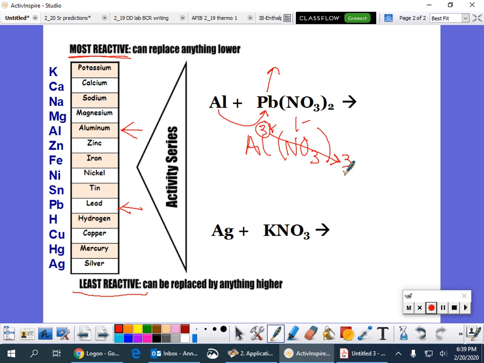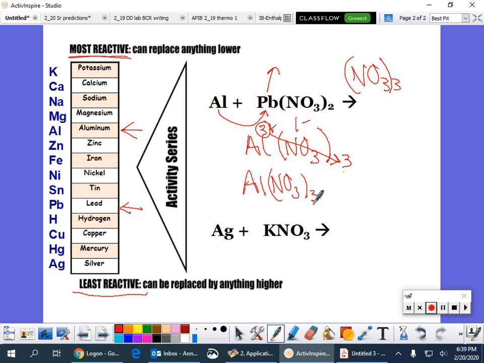That is why I made sure to have the parentheses, because if I wrote it as NO3 with a 3, that would mean that I had 33 oxygens and 1 nitrogen. I don't want to say that. I want to say that I have 3 nitrate ions. So that's why I need the parentheses around my polyatomics. So my final product would be written out as Al(NO3)3.